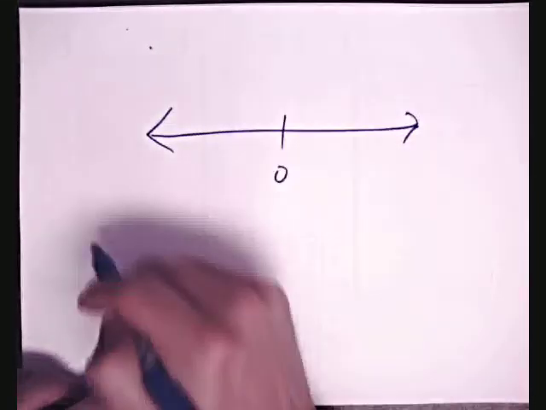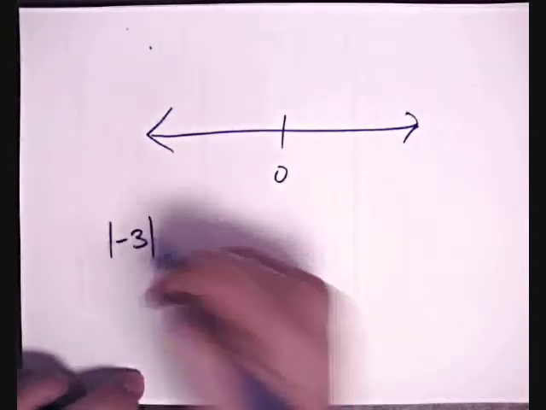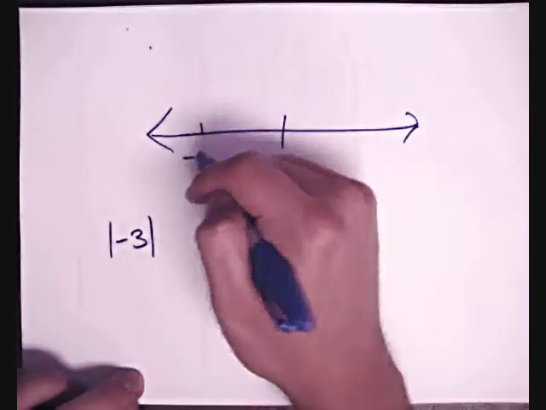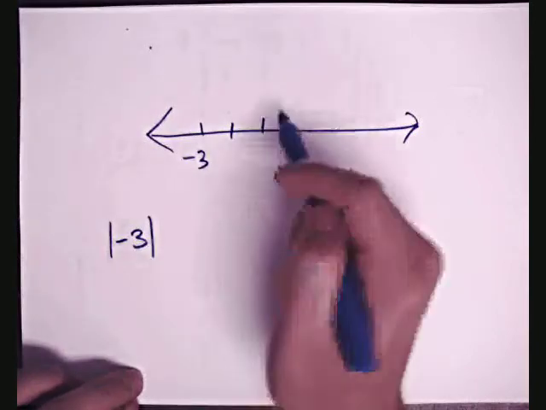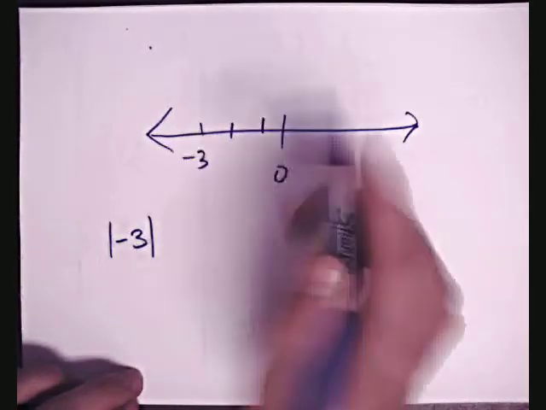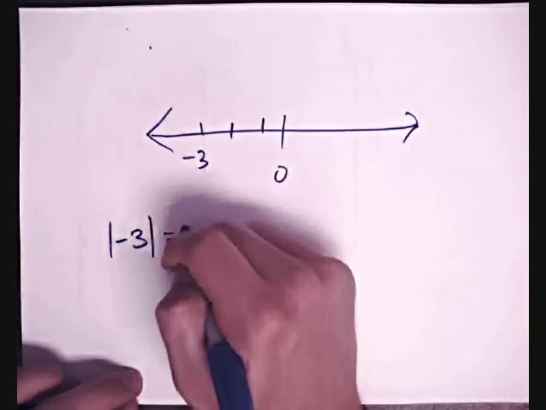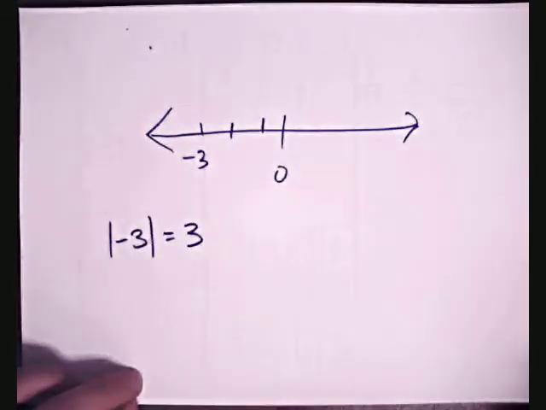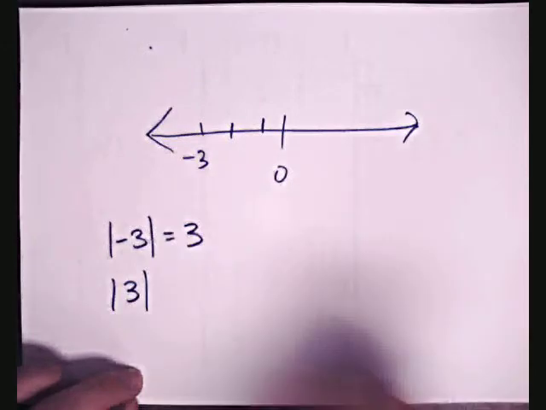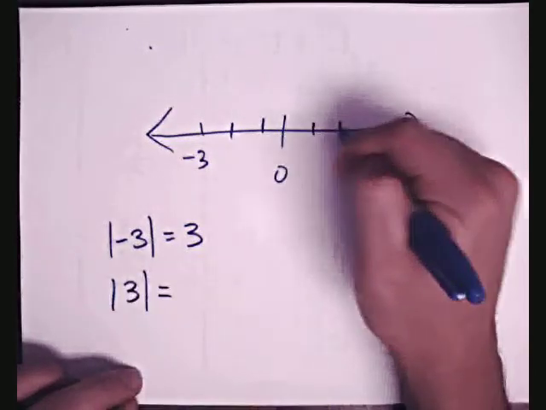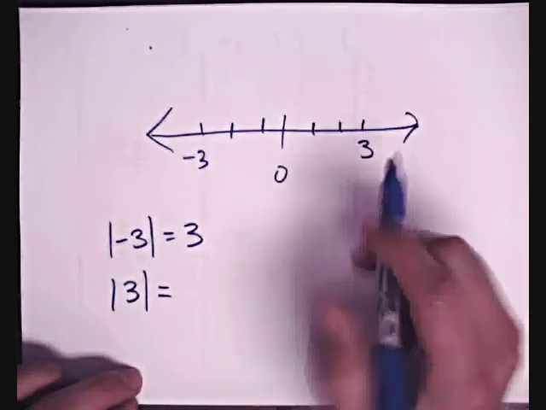Okay, so for instance, if I were to look at the absolute value of -3, what that is saying is how far away from 0 is -3 on the number line. Well, it's 1, 2, 3 units to the left, and so a distance of 3, we would say absolute value equals 3. Likewise, if I took the absolute value of +3, that's asking me how far away from 0 is 3 on the number line.